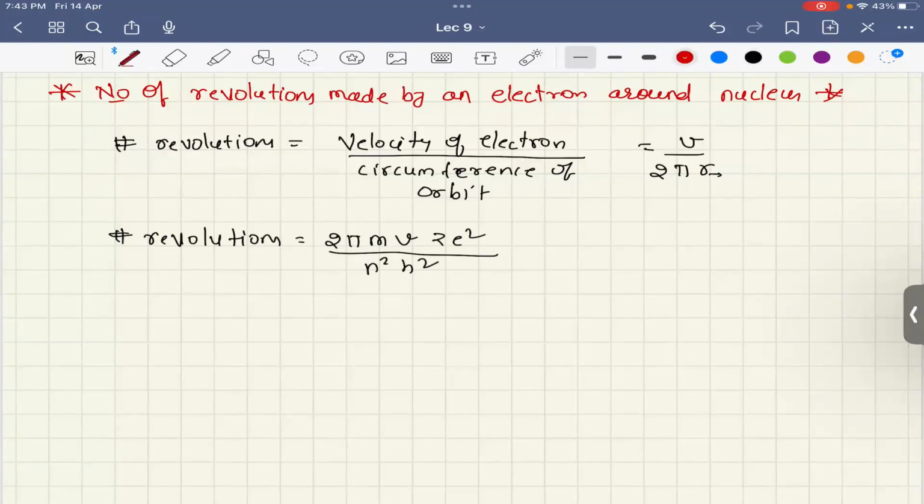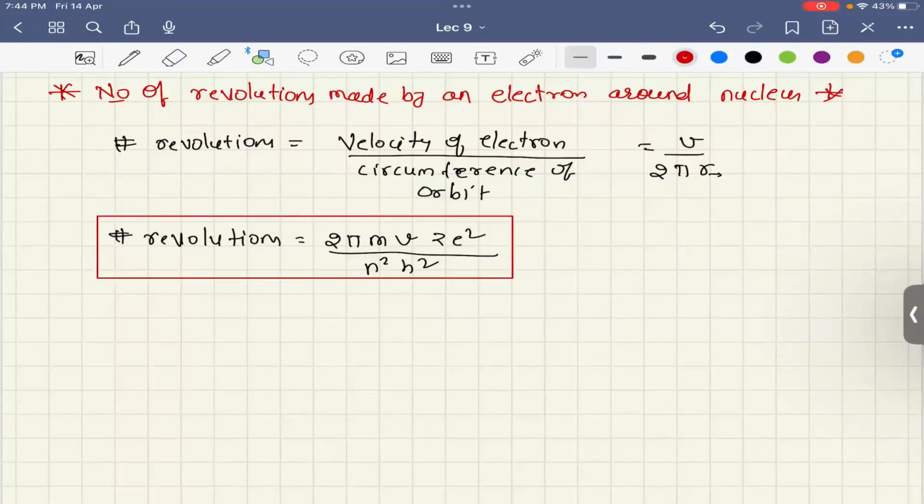So these are all very important expressions which one should remember.